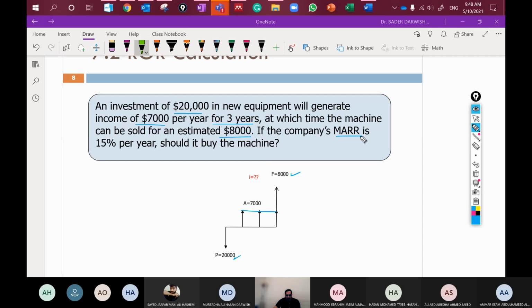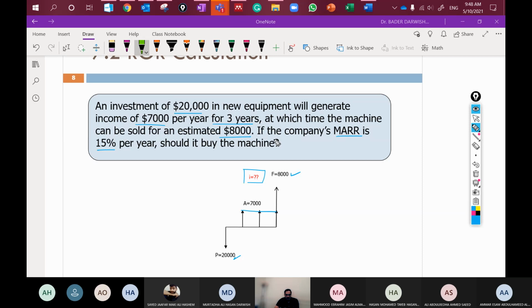Now, if the company MAR is 15, should the company buy it? So basically what is required, as you can see, identifying a rate of return, IRR, and comparing it with the 15%. Now, let's go on.